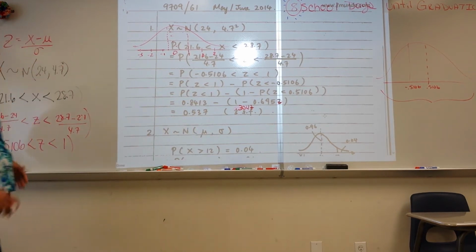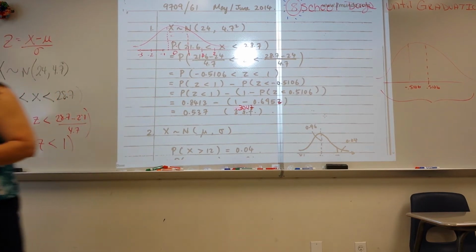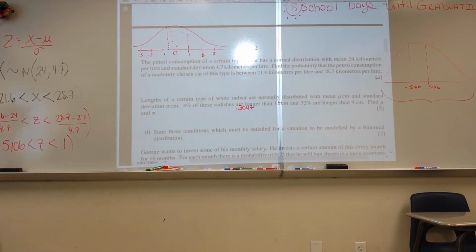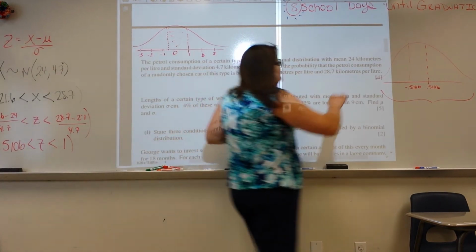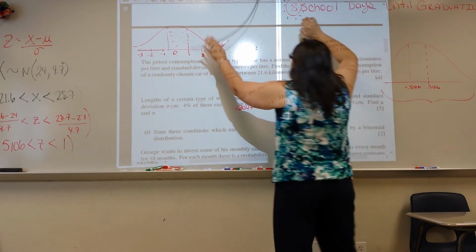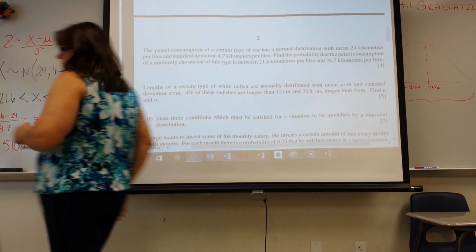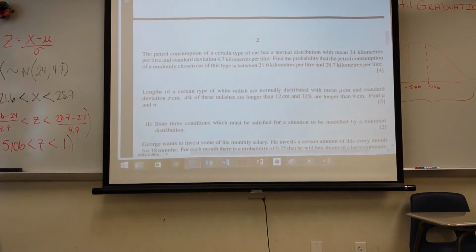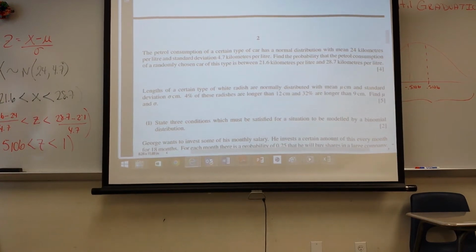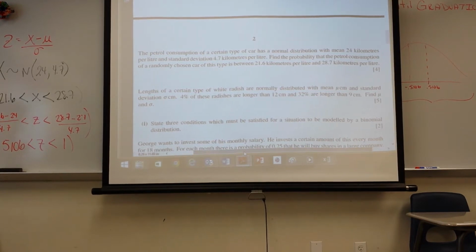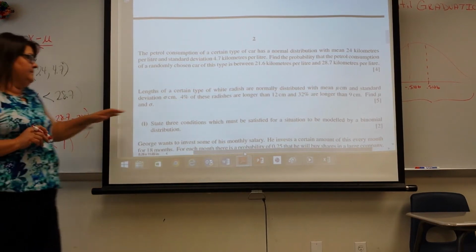Fun stuff. Okay, now let's look at the next one. Lengths of a certain type of radish are normally distributed with mean mu and standard deviation sigma.